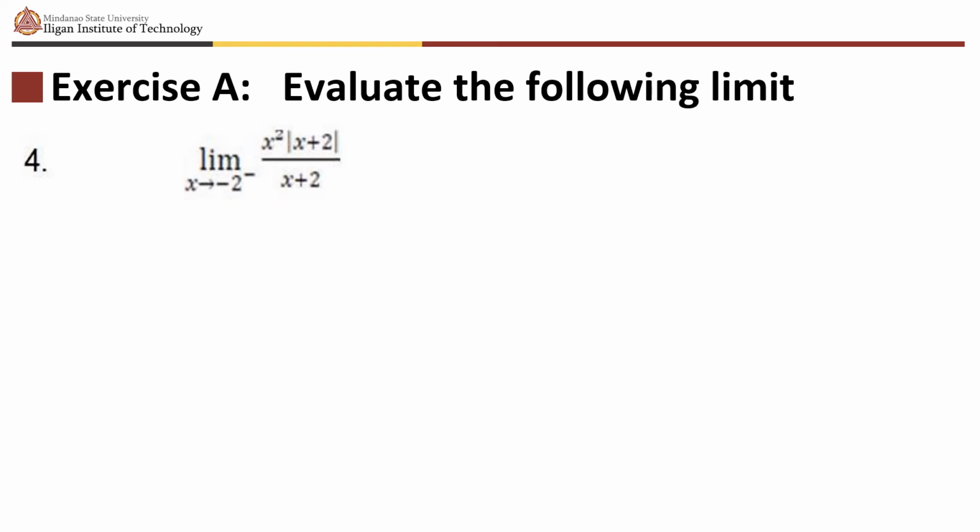Now if you recall, you have the following definition of an absolute value function, that is the absolute value of x plus 2 is equal to x plus 2 if x plus 2 is greater than 0.